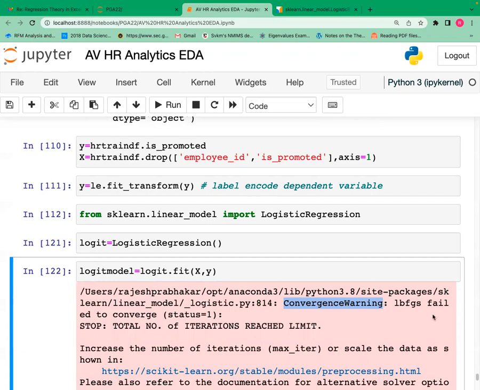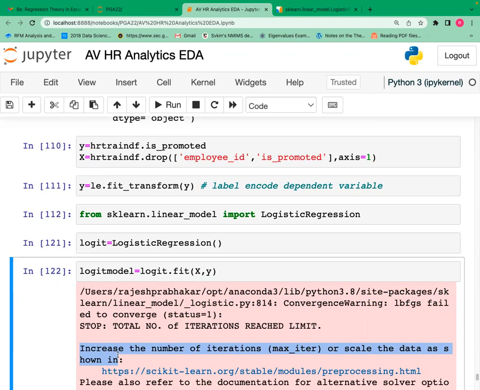Why could it not calculate it? Because LBFGS is a solver that failed to converge. Why did it fail to converge? Because the maximum number of iterations has been reached. So what we have to do immediately when you read this error, it is suggesting, see, the solution is also given here. Increase the number of iterations or scale the data.